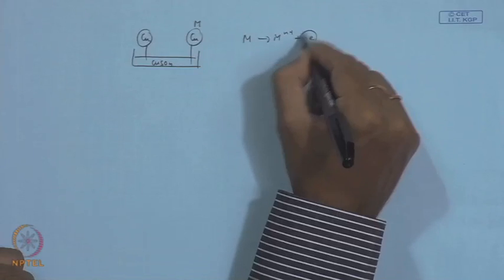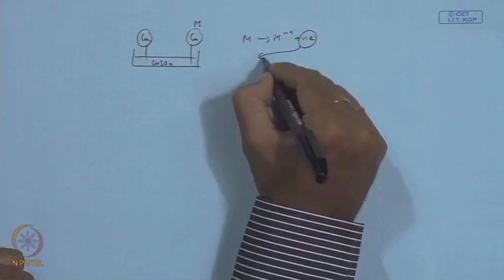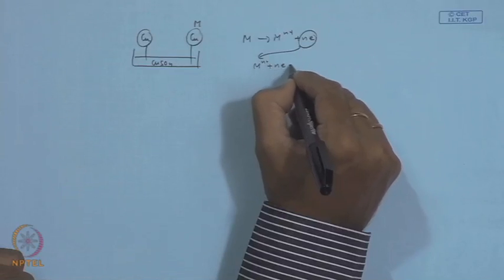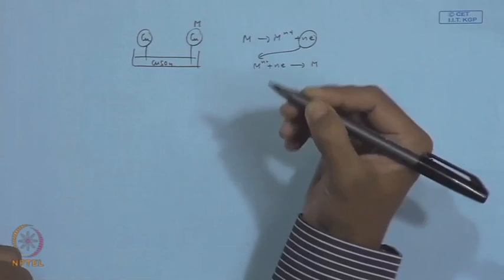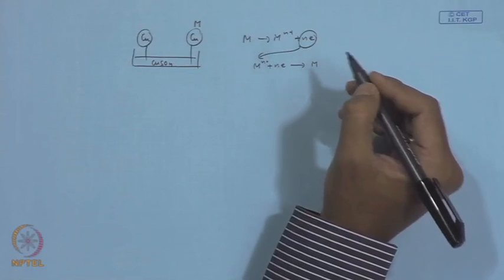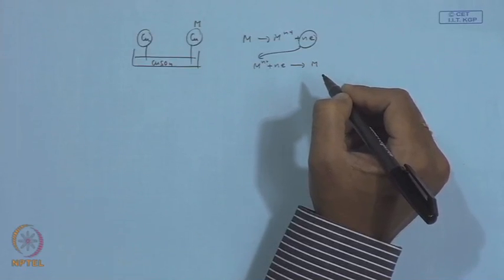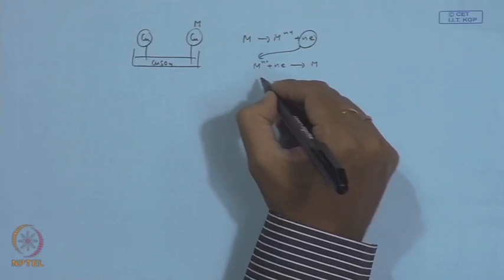So, this electron is used up for reducing another Mn plus plus ne to M. So, if that does not happen, that is, electrons from the oxidation reaction are consumed by a different reaction, resulting in a new reaction product.